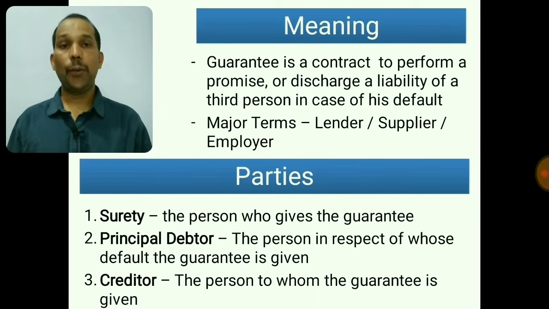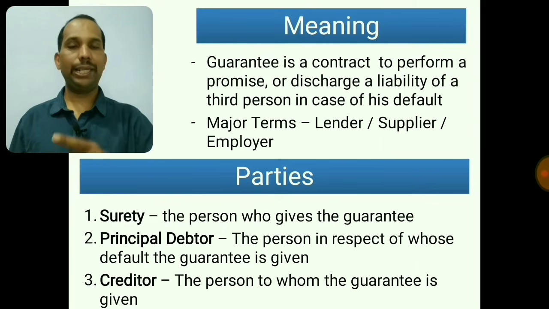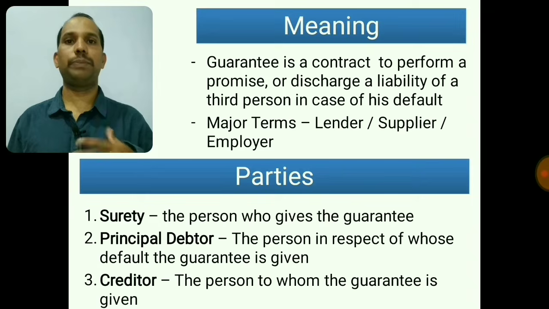So it's a guarantee to perform a promise or discharge a liability of a third person in case of his default. Now, major terms you have to remember when it comes to guarantee are three terms. One is lender, the second one is supplier, and the third one is employer. Lender is very easy. We have seen the case of the bank where the banker is giving money, he is the lender. In the case of supplier, what happens? If your friend has a store, you are requesting Mr. X, saying that you keep supplying 20 kgs of rice bags to my friend, and if ever my friend fails to pay you, I will take care of the payment.